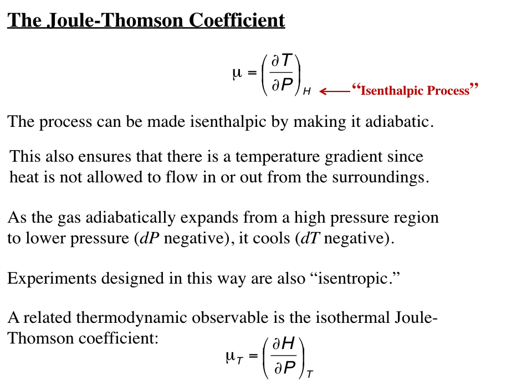So let's apply the permuter to the Joule-Thomson coefficient to see how it's related to the isothermal Joule-Thomson coefficient.